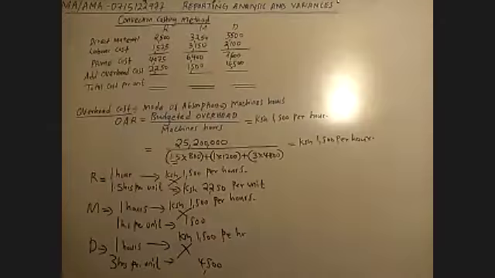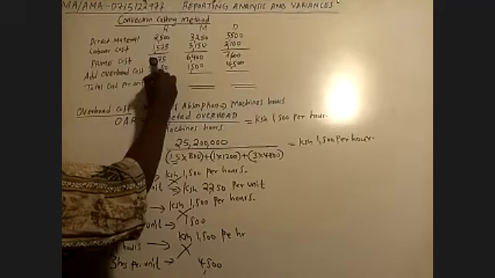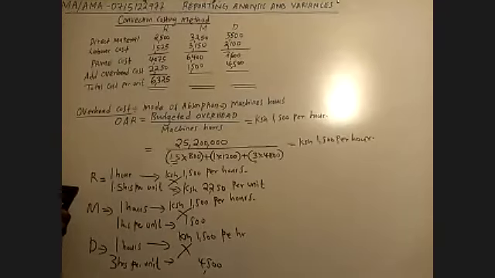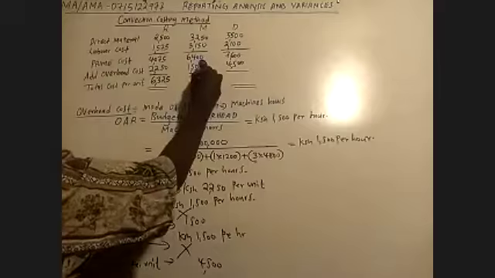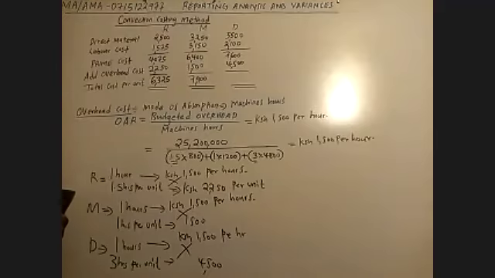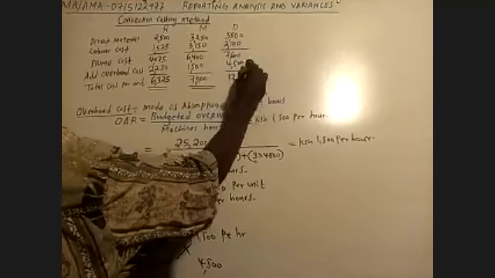So add them together. 4075 plus 2250, which is 6325. 6400 plus 1,500, which is 7900. 2600 plus 4500, which is 12,100.